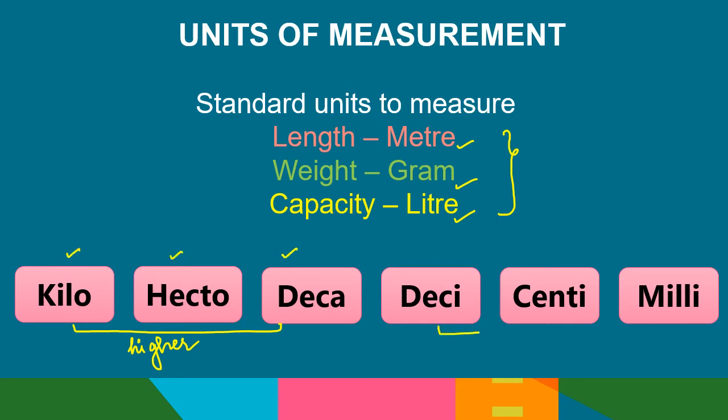While deci, centi, and milli are used to form lower units than the standard unit. These units are arranged in such a way that starting from the smallest, each higher unit is 10 times greater. So, it is very important to learn the correct order of placing these units.